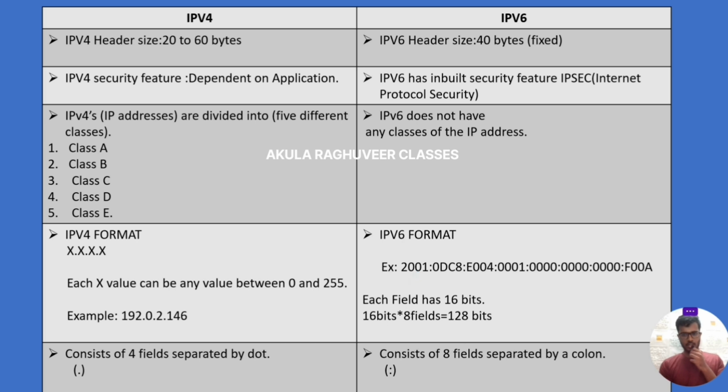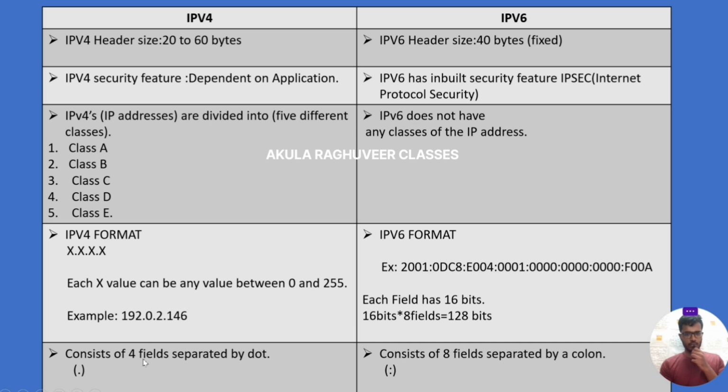Why? Because IPv6 is denoted in hexadecimal. 0 to 9 are normal numbers, and for 10 it will be A, 11 B, 12 C, 13 D, 14 E, 15 F. So between 0 to 9 and A to F, we will be having all the 16 digits in IPv6 format representation.